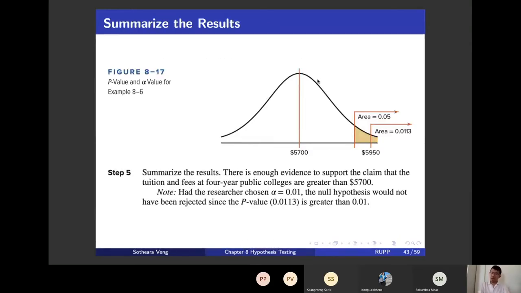But again, it does not mean that your claim is true. It's just supported by the data, by the sample you collected.